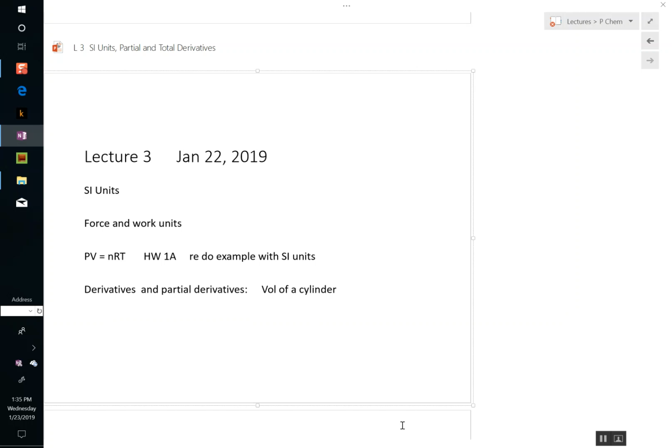Here's our new function, so this is going to be the partial of nRT over V with respect to N. Which is what? This is constant, this is constant, this is constant.